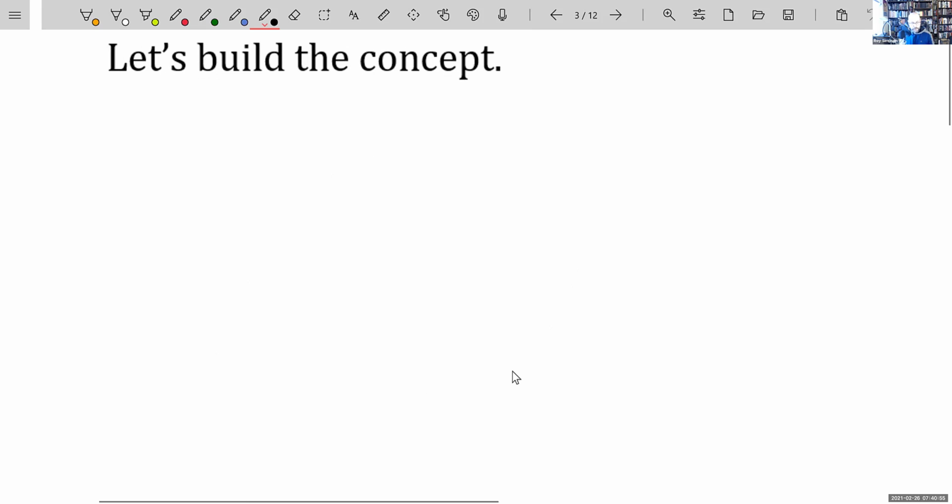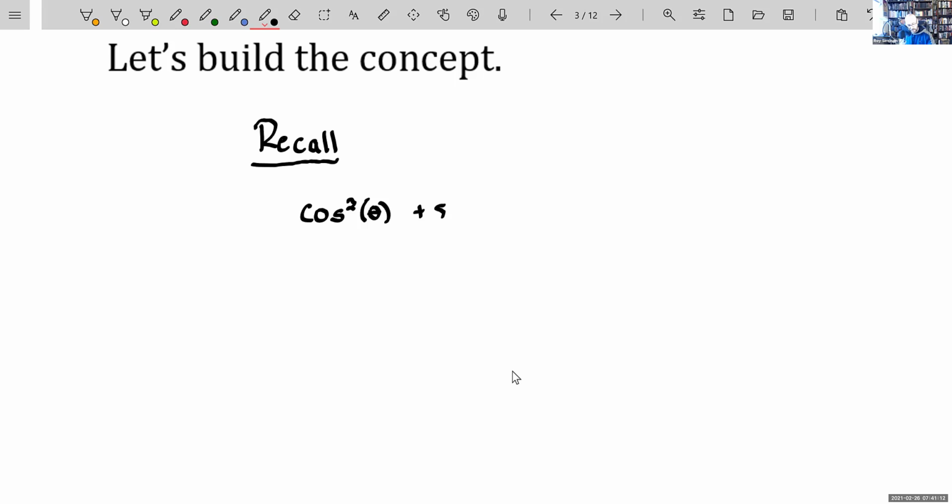And the way I like to build this concept is just to remind you of your Pythagorean identities in trigonometry. So recall, and we wrote them down last time as well, but it's nice to see this. Recall that the cosine squared of theta plus the sine squared of theta is equal to 1.